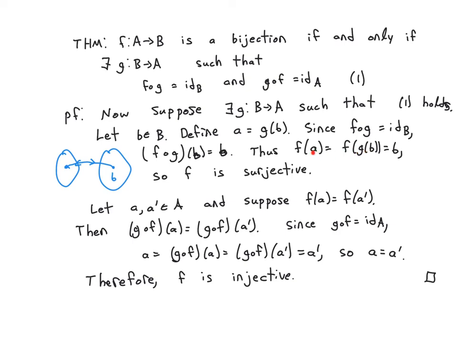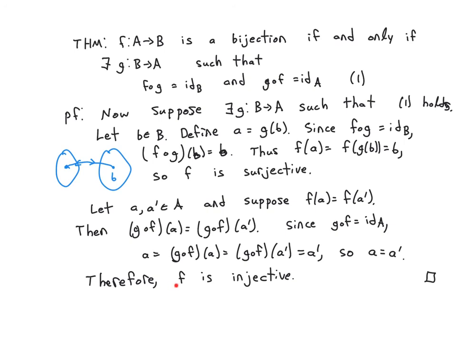G of B is A, so that's f of A. But because of this identity, that's also equal to B. So f of A equals B. So we found a point in our domain that maps to our given point in our codomain. So every point in our codomain has an element in its pre-image. So f is surjective.